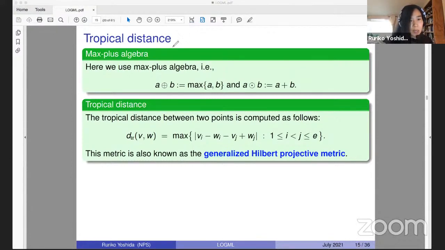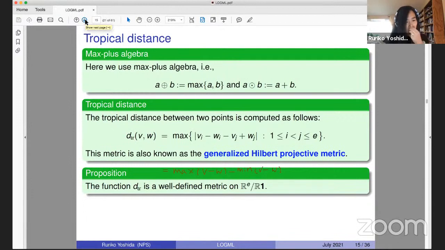All right, we can also show that this is equal to the max of v minus w minus the minimum of v minus w. This is basically equivalent, and it's much easier to understand. I like this way.